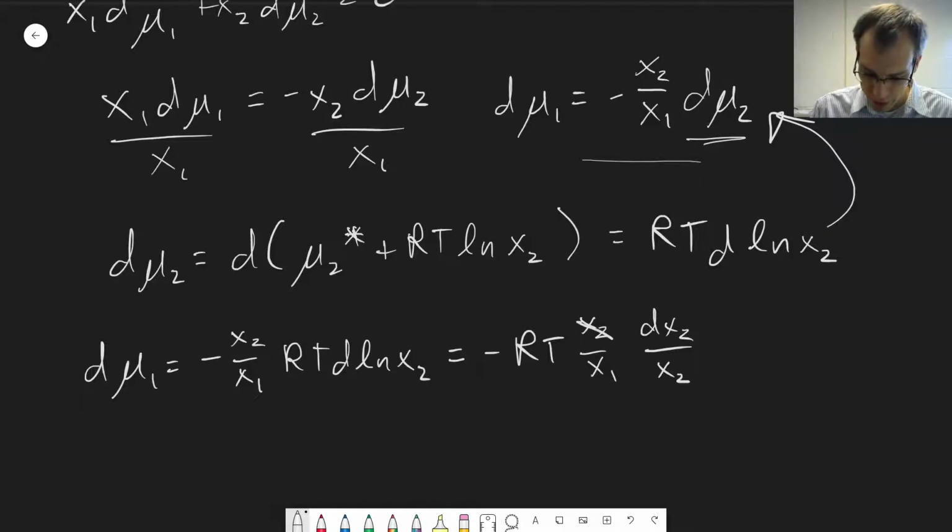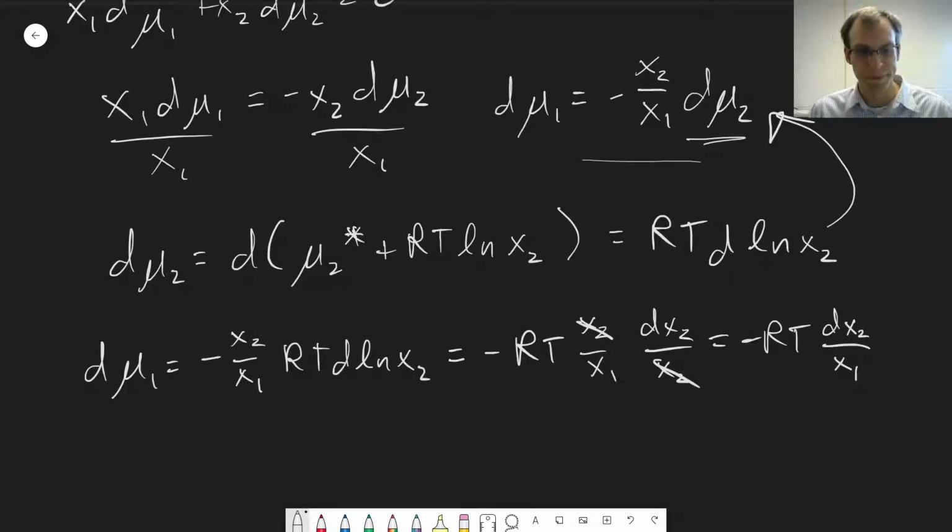Now we can cancel x2's, and we get minus RT dx2 over x1. Now we have things in terms of x2's and x1's. We'd like to put things all in terms of x1's, all in terms of component 1.